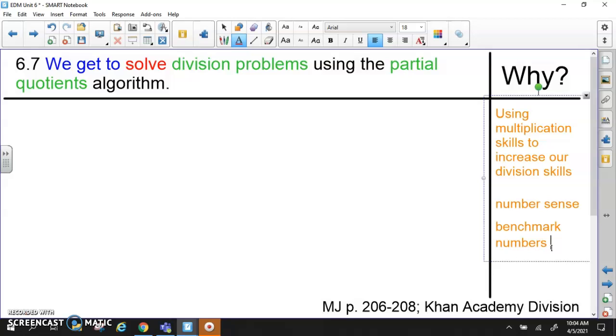So it's easy for me to do something within a tens range: 10, 20, 30, 40, 50. I know fives very well: 5, 10, 15, 20, 25, right? So those are good benchmark numbers for me. I know twos very well. So use those benchmark numbers to help you, okay?